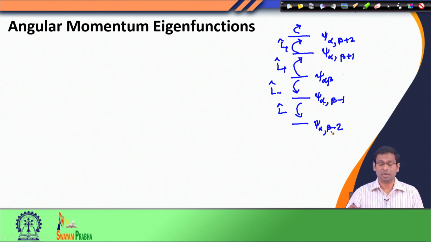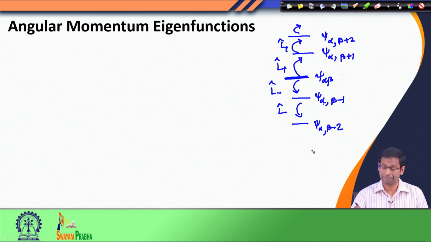So, in this way, starting from one eigenfunction and by repeated action of the L plus and L minus operators, I am getting other eigenfunctions which are simultaneously eigenfunctions of the L square operator and the Lz operator. All these functions are eigenfunctions of the L square operator with the same eigenvalue, alpha square h bar square, as shown by the index alpha, which is not changing.